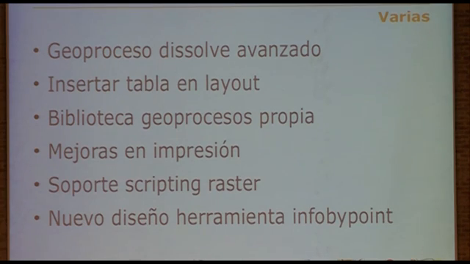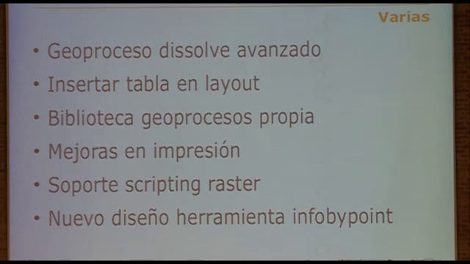GeoProcess library, our own GeoProcess library, as from version 2, based on Sexante's library, we have managed to include more GeoProcesses. Printing improvement, basically related to production and yield. Raster scripting support.